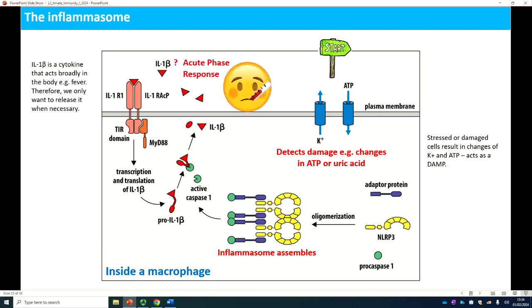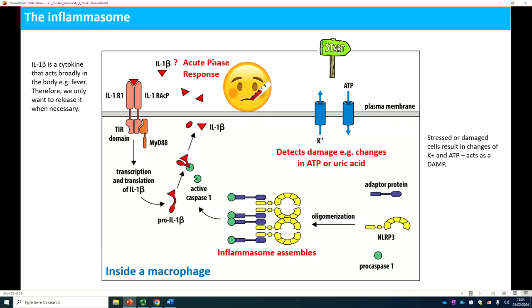IL-1 beta is a cytokine, and it has a really broad function in the body, and it plays a really key role in regulating fever. Now, you can imagine that fever is something that needs to be regulated, and therefore we need to ensure that IL-1 beta is released appropriately and only when it's absolutely necessary for the body to do so.